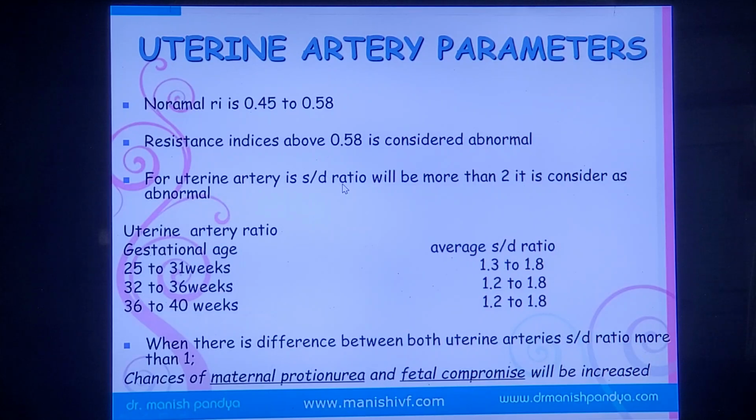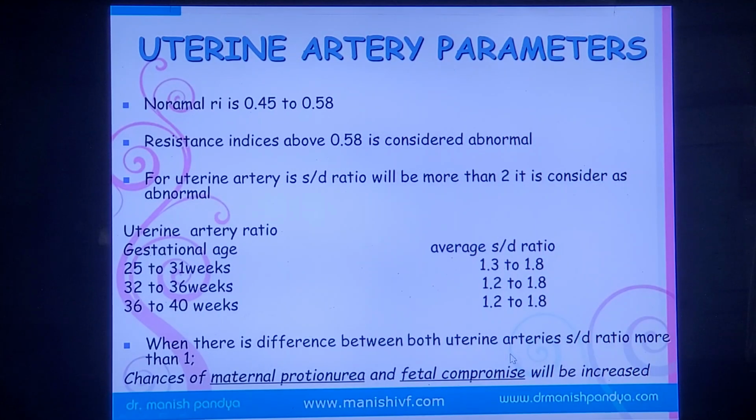For the uterine artery, a systolic diastolic ratio of more than 2 is considered abnormal. So remember, SD ratio more than 2, RI 0.45 to 0.58. The uterine artery SD ratio will be different at different gestational ages: 25 to 31 weeks 1.3 to 1.8, 30 to 36 weeks 1.2 to 1.8, 36 to 40 weeks 1.2 to 1.8.